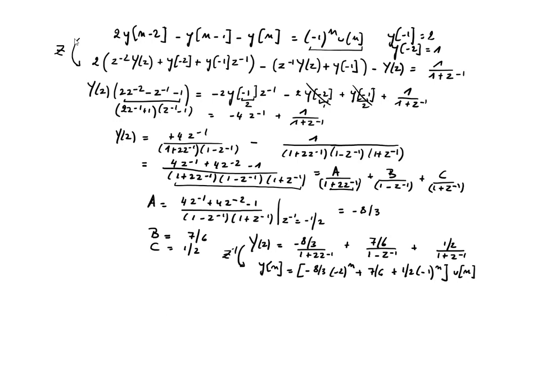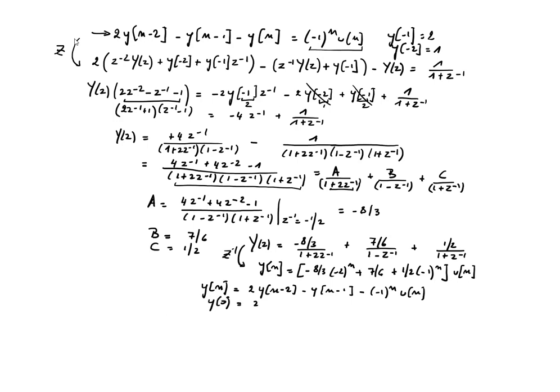Okay, so we have to check the initial conditions. You can obtain from this equation here above y[n]. So y[n] is equal to 2y[n-2] minus y[n-1] minus minus 1 to the power n u[n], and now you can obtain y[0].